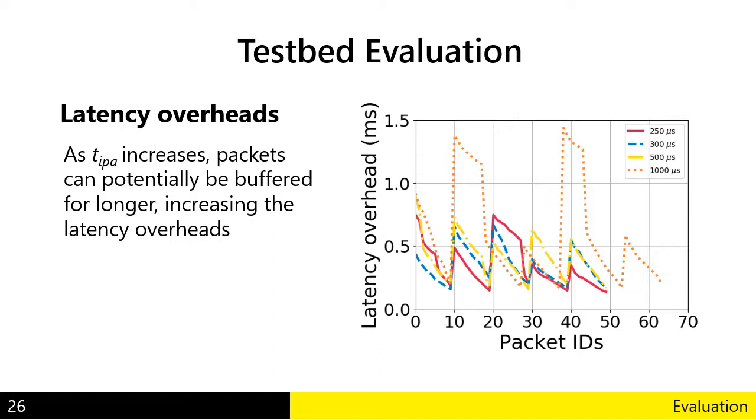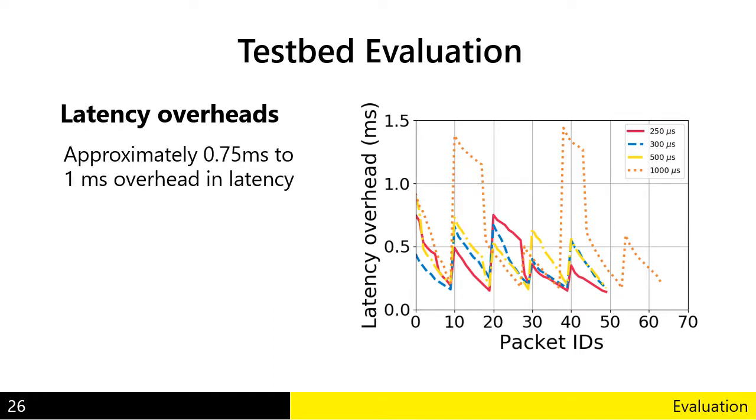And this may happen when, for example, the application has not sent any packet, so it waits for a long time before it decides that it just needs to send the packets out. In our studies, we see that the latency overheads vary from 0.75 milliseconds to 1 millisecond for different values of TIPA.